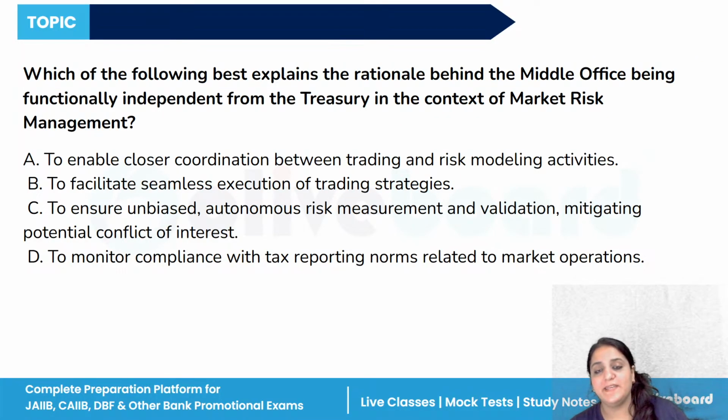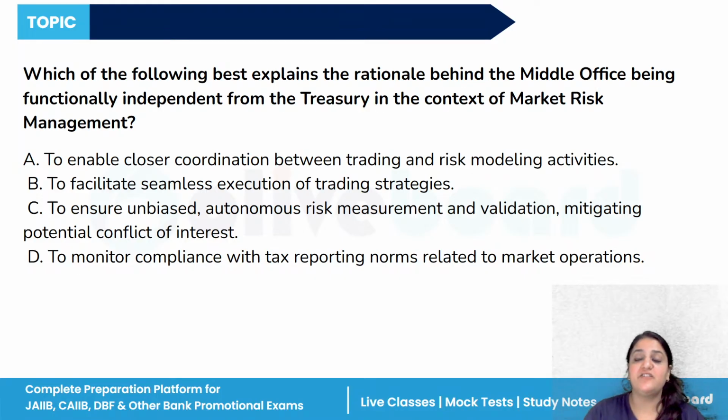Which of the following best explains the rationale behind the middle office being functionally independent from the treasury in the context of market risk management? So read the options here. Which option is correct here?